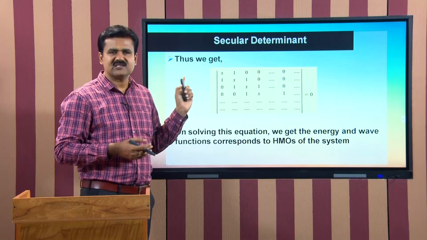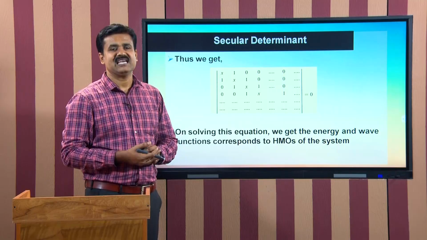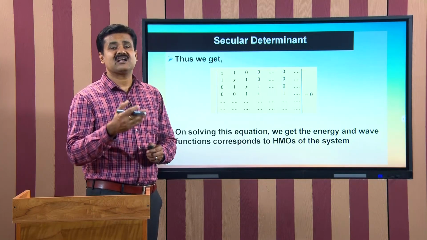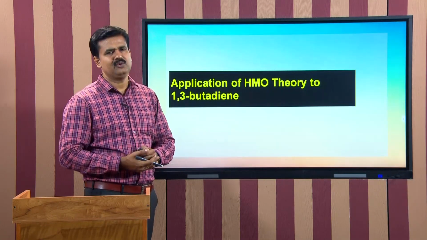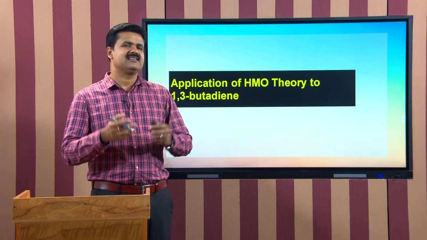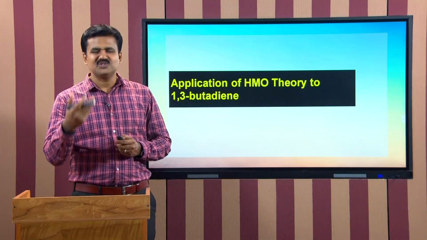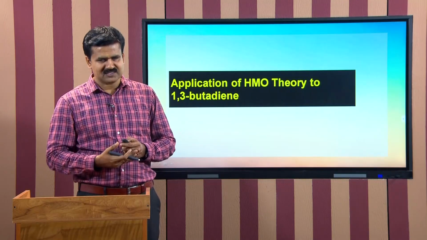On solving this equation further, we get energy and the wave functions corresponding to the Huckel molecular orbitals of the system. Now, we can apply this Huckel molecular orbital theory to some conjugated systems, some conjugated organic molecules.